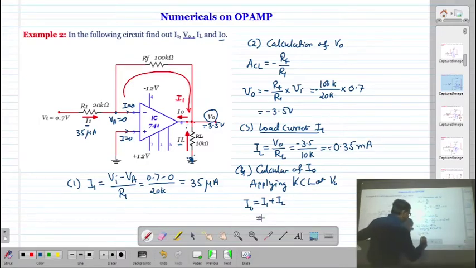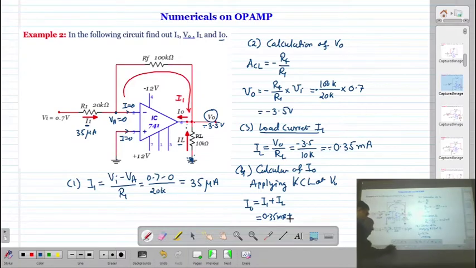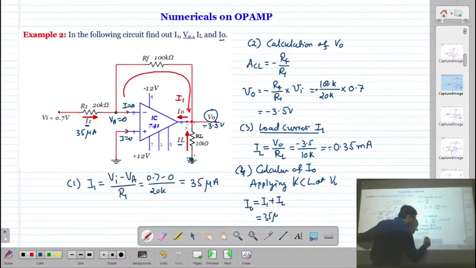Here I1 is 35 microampere and IL is 0.35 milliampere.